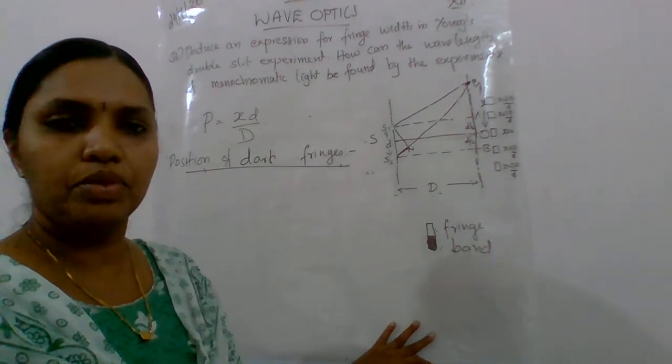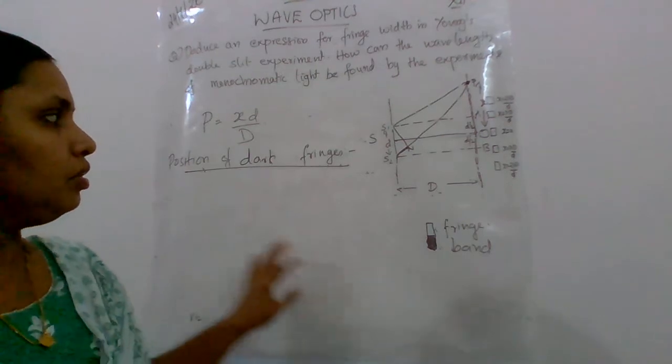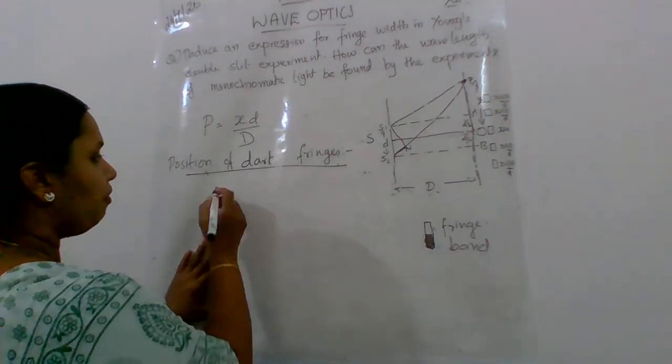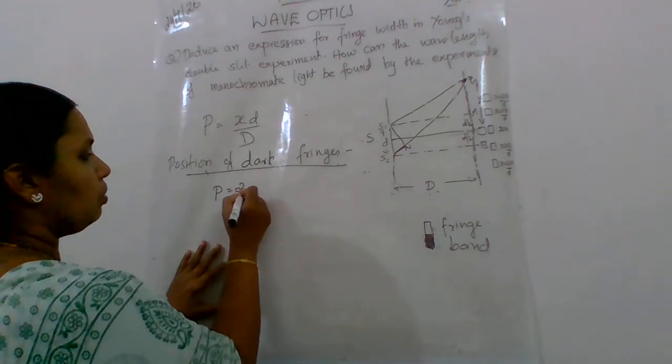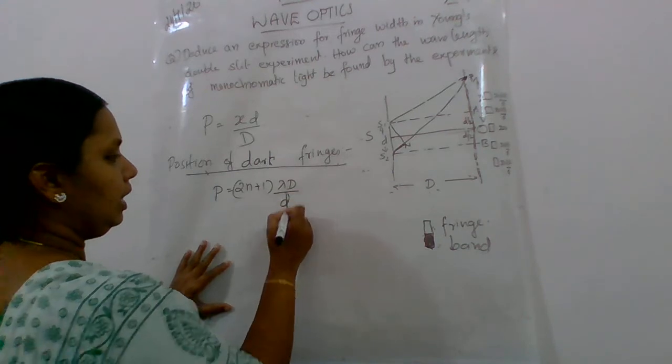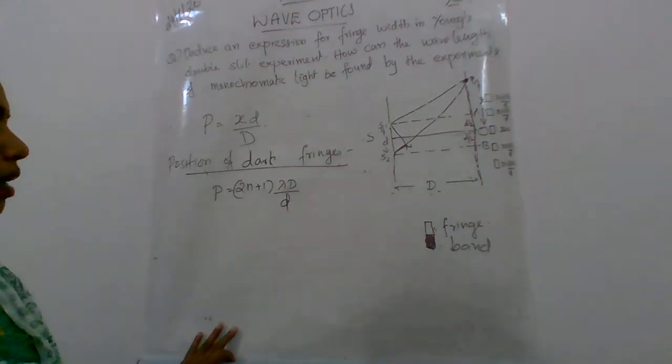So next is the position of dark, that is destructive. So in destructive interference, what is the condition? Path difference is equal to (2n plus 1) lambda by 2.